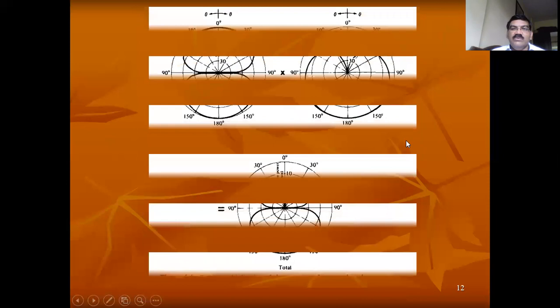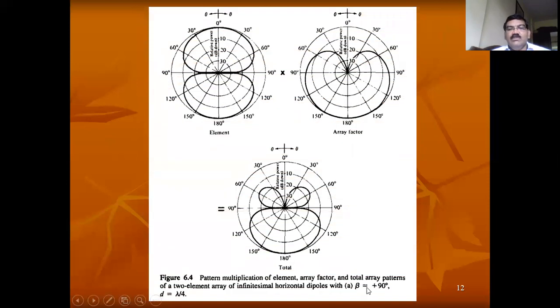Now if you do a phase shift between two elements of plus 90 degrees, then we get this array factor. So this shows the importance of the beta factor. If beta is changed by 90 degrees, we get the array factor this way. Multiplied by the radiation pattern of the element, we get the total radiation pattern this way, with spacing lambda by 4 between two elements.